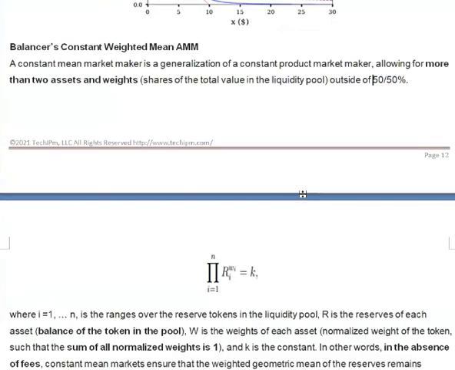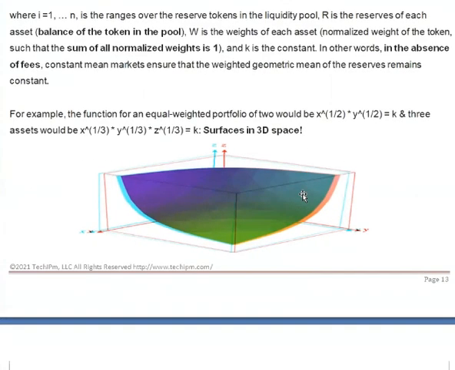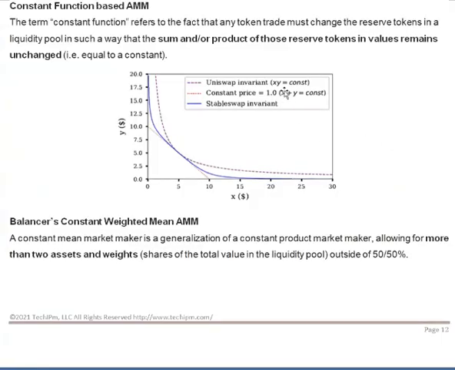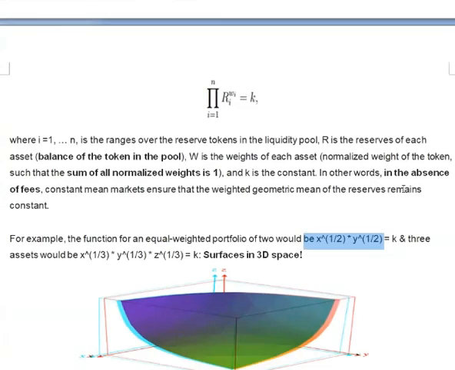for your purpose. For 2 tokens it is somewhat different from Uniswap. Uniswap's XY is constant, but here the square root of X and square root of Y is constant. So very similar, a little bit different.